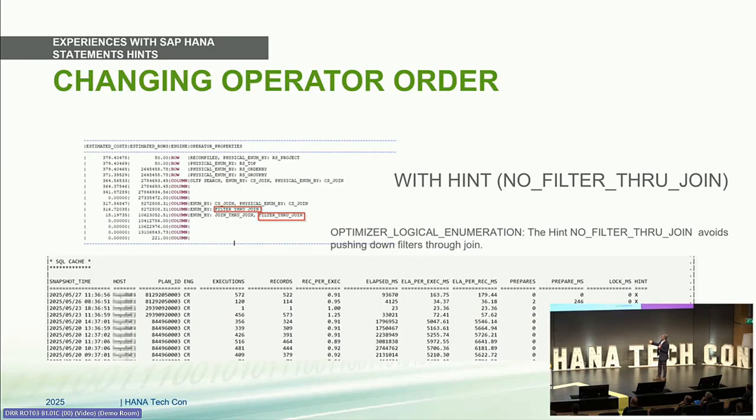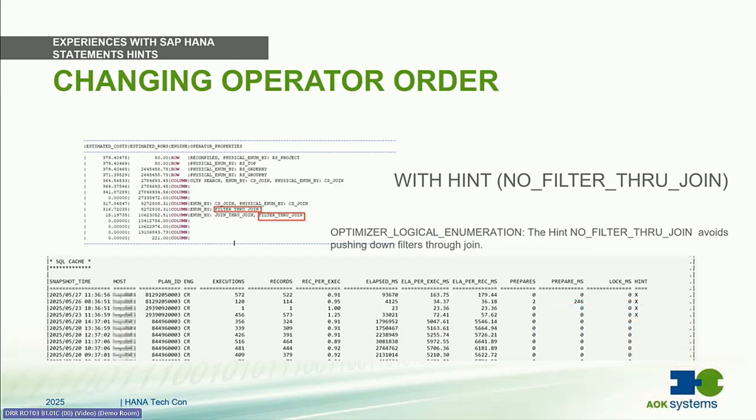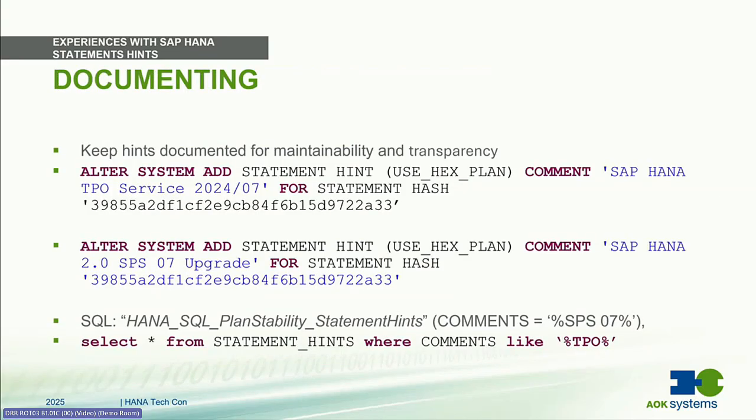That's why we have to look at execution plans, and then we can test with some other hints. In this case, filter through join, and I implemented the hint no filter through join, and then the runtimes were better.